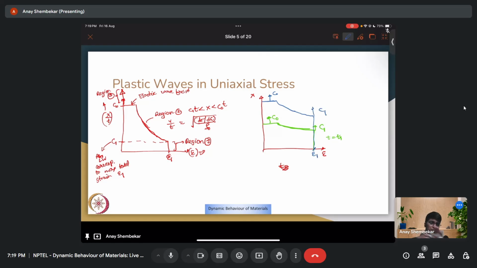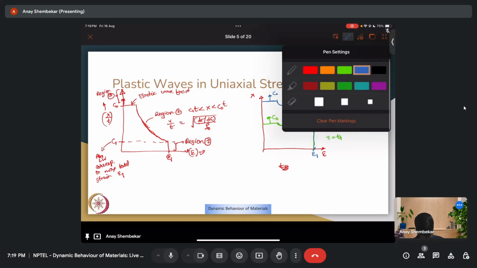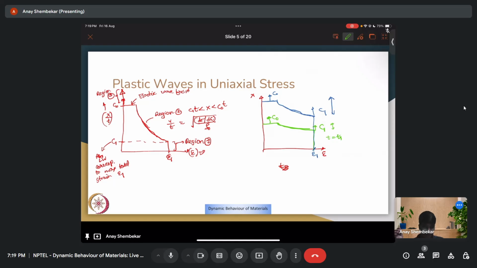So there is a spreading out of the wave. You can see here that this distance is much larger than this distance. So the wave is spread out. This is basically the dispersion nature. So we see a dispersion here, and now we are interested in doing an analytical treatment of the same.